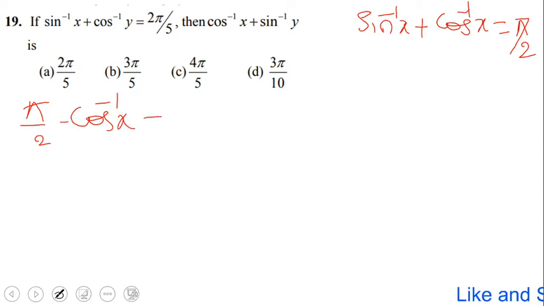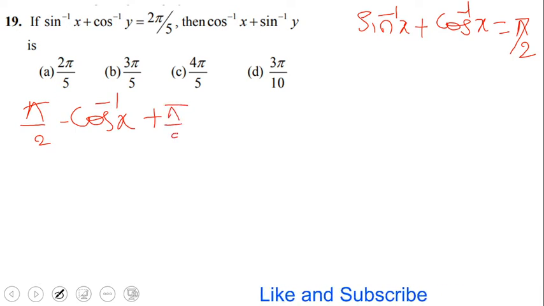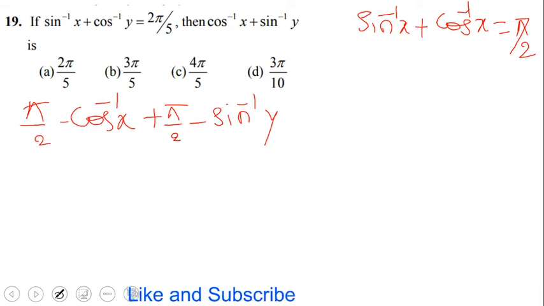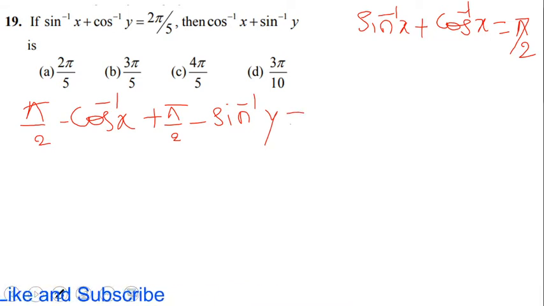Next, cos inverse y can be written as pi by 2 minus sine inverse y. So this is equal to the RHS, 2 pi by 5.